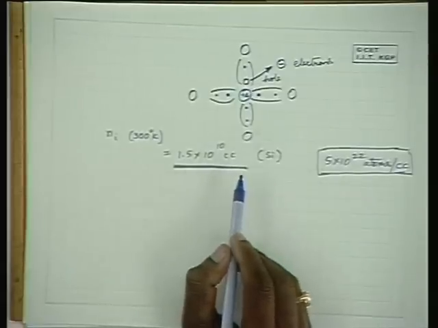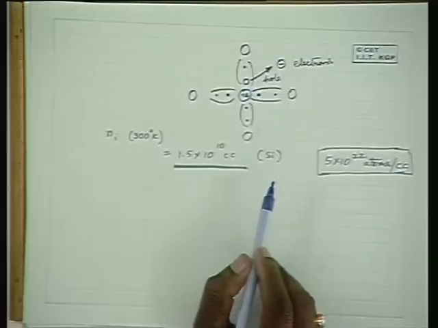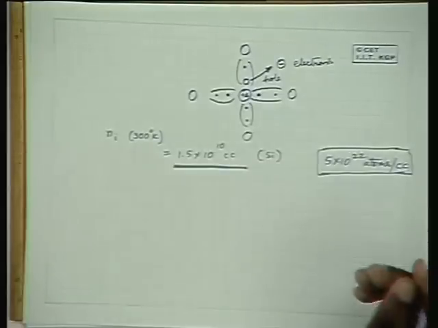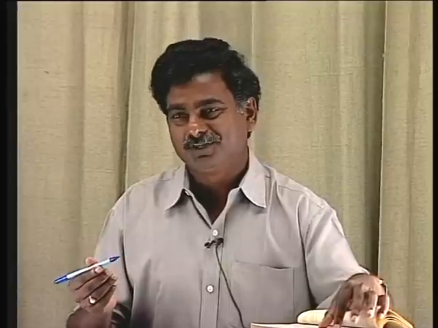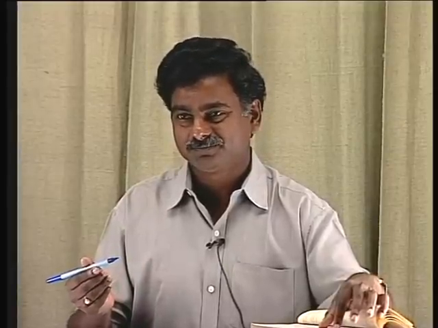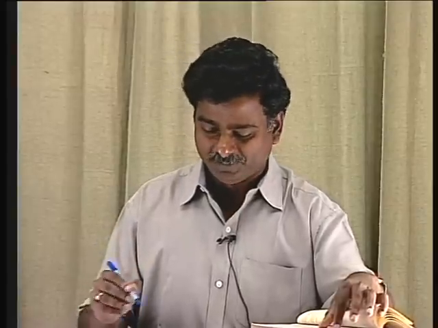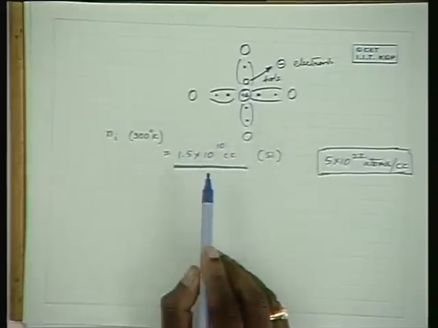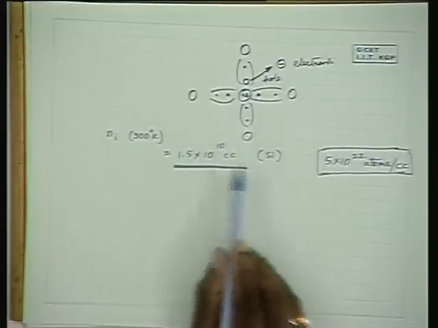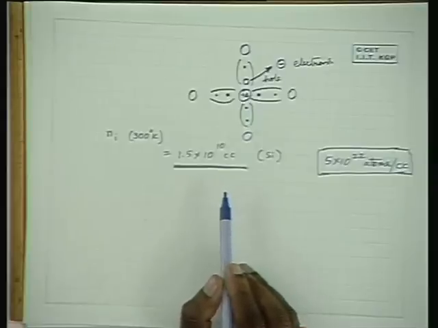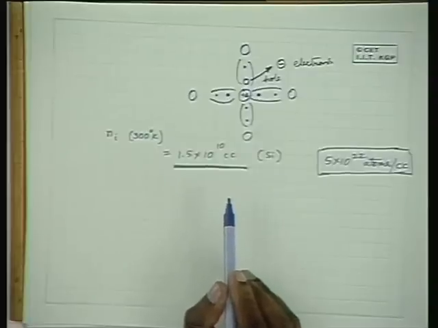It is of the order of 10^12. Out of 10^12 atoms, 1 atom gives an electron-hole pair at 300 degrees Kelvin. Well, the concentration is low, but when you consider the bulk, the number of charged particles is moderately good, that is 1.5 x 10^10, and that is good enough to give you a moderate conductivity or semiconductivity. The conductivity is in between that of metals and insulators.